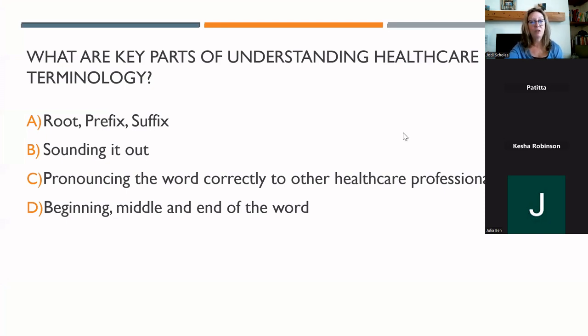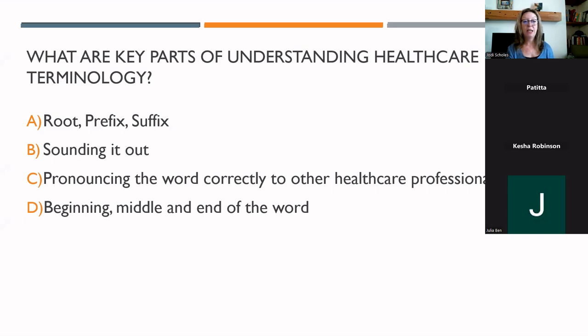What are the key parts of understanding healthcare terminology? Excuse me, let me read that again. What are the key parts of understanding healthcare terminology? A, root, prefix, suffix. B, sounding it out. C, pronouncing the word correctly to other healthcare professionals.